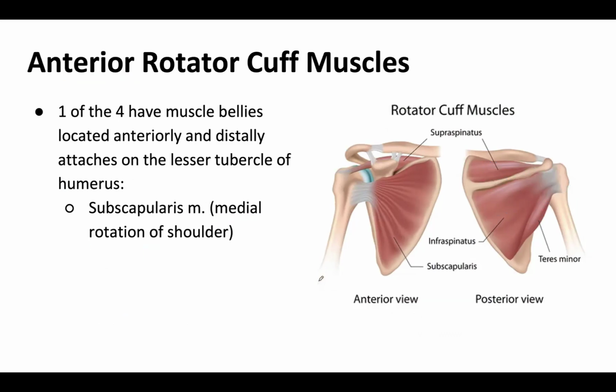There is only one anteriorly placed rotator cuff muscle, and that is the subscapularis. Its body takes up the whole surface of the anterior scapula, and then distally it will attach to the lesser tubercle of the humerus. And the subscapularis muscle is a medial rotator of the shoulder joint.